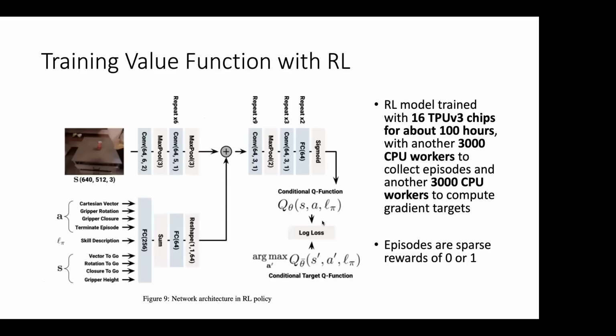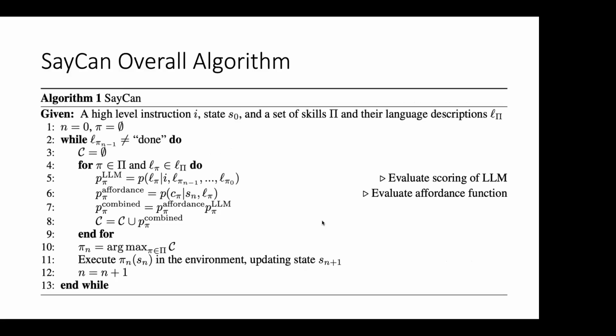Kind of partially answers my second question, which was actually about error propagation. Because if you only have the large language model, I could imagine that there will be error propagation, in the sense that once you take a wrong action, the actions that it takes downstream will become more and more wrong after a while. But I guess this can be mitigated by this affordance function.